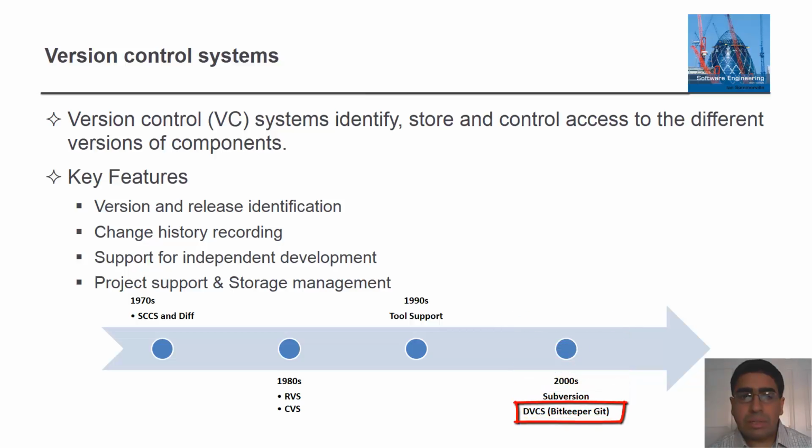More recently, we are seeing increasing popularity of distributed, highly scalable products like Git in the 2000s. In these tools, there is support for assignment of unique identifiers and attributes to submitted components to uniquely identify each version.